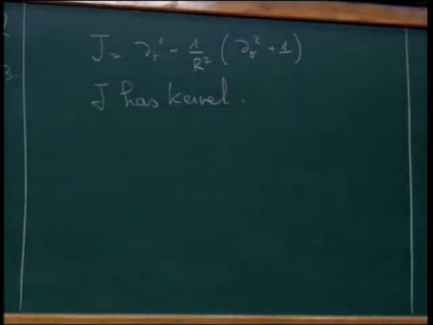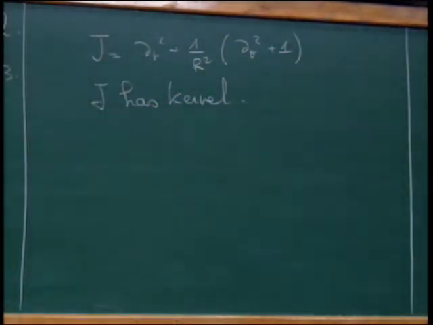And again it's very simple. You see that the functions cosine theta and sine theta, which are independent of t, belong to the kernel of your operator, and these are just the coordinate functions restricted to a circle.